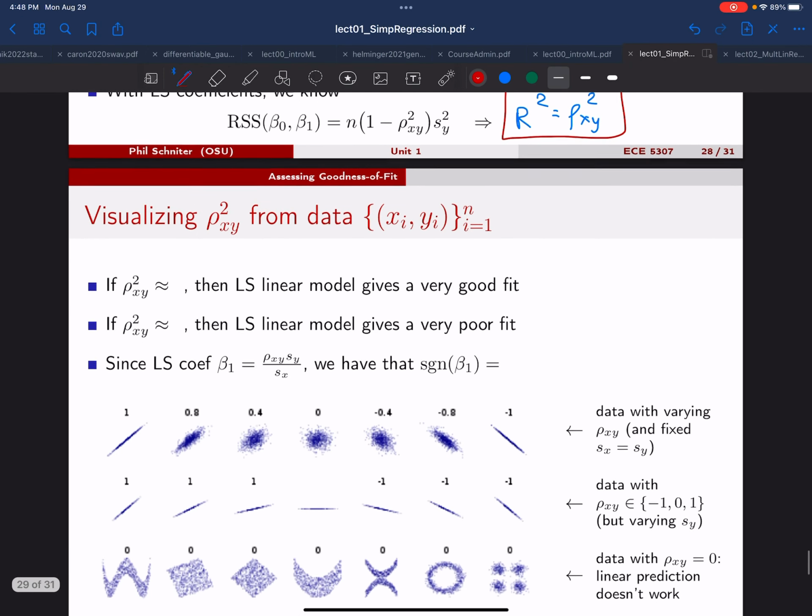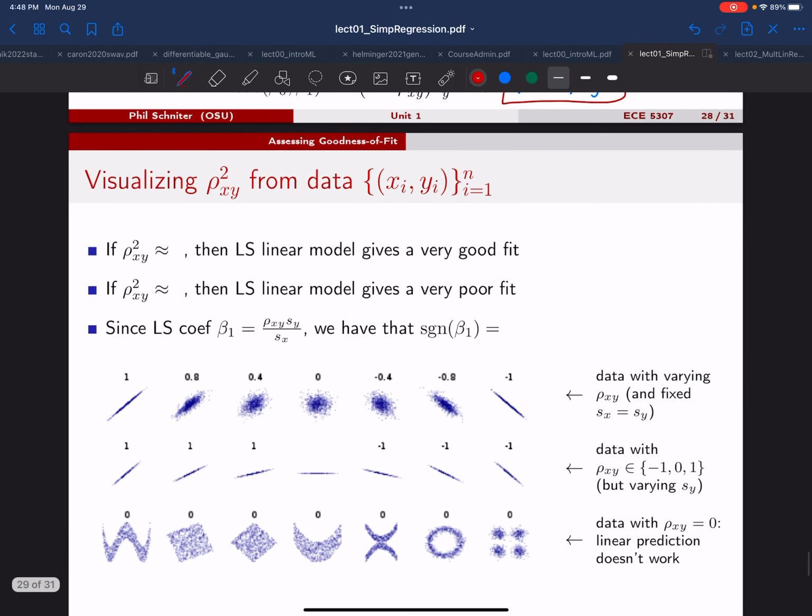Let's take a look at some of the best case data sets. So this is data sets that have rho xy positive, negative, 0. In that case, you have pictures like this. In all these cases, the goal here is that these lie along a line, and you have perfect prediction in all these cases, right?